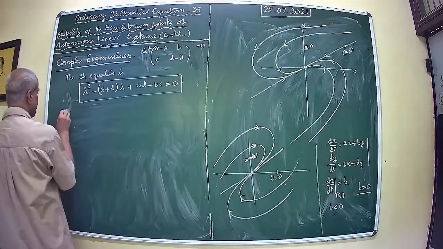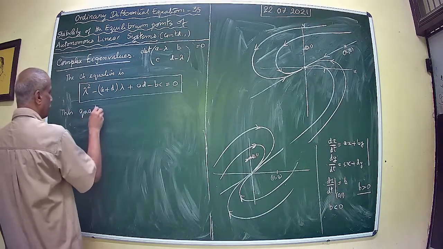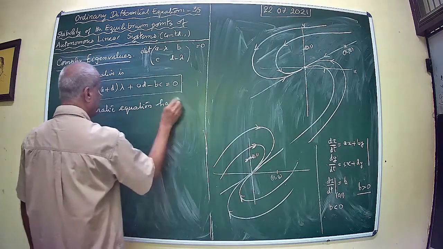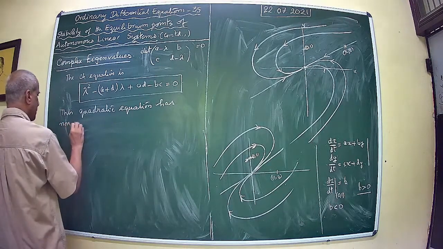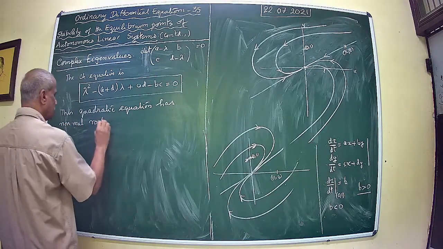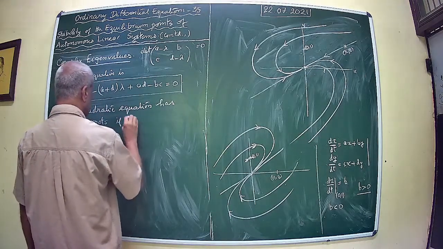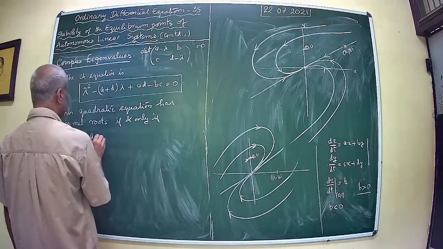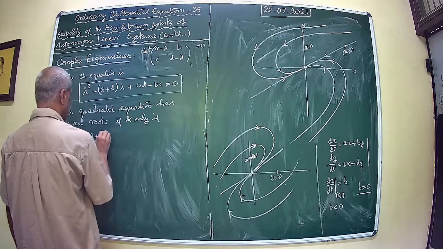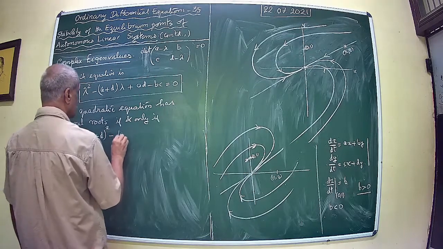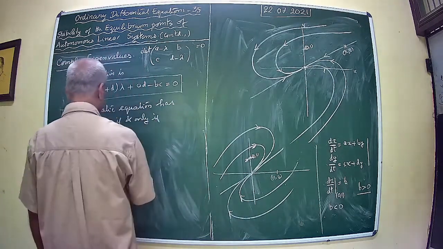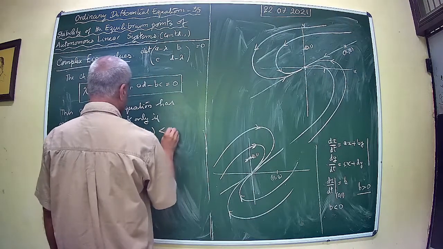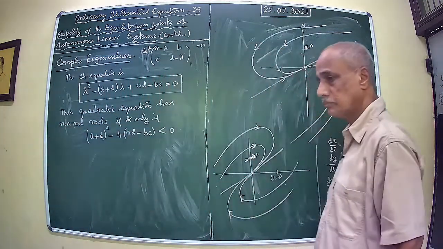So this quadratic equation has non-real roots when the discriminant is negative.